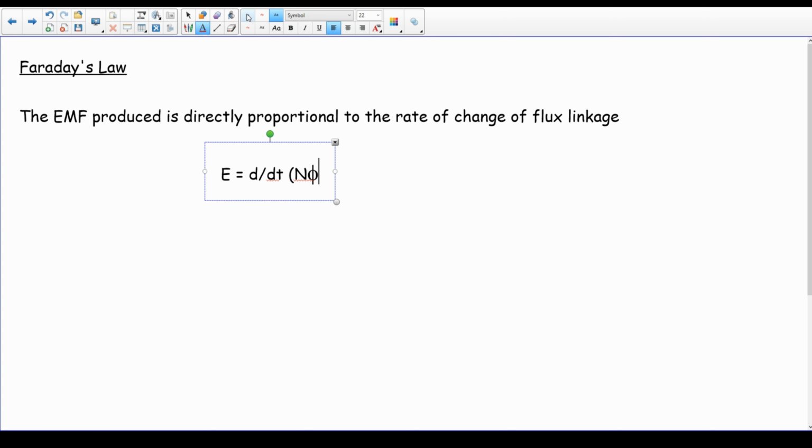Now, a few of you might be having a slight panic if you're not doing A-level mathematics. So don't worry about it, because A-level physics doesn't require you to be able to differentiate this. Because in the situation where the rate of change of flux linkage is consistent we can simply put this as over t.